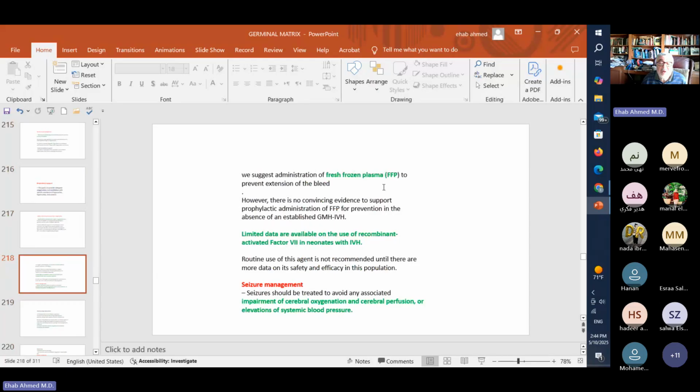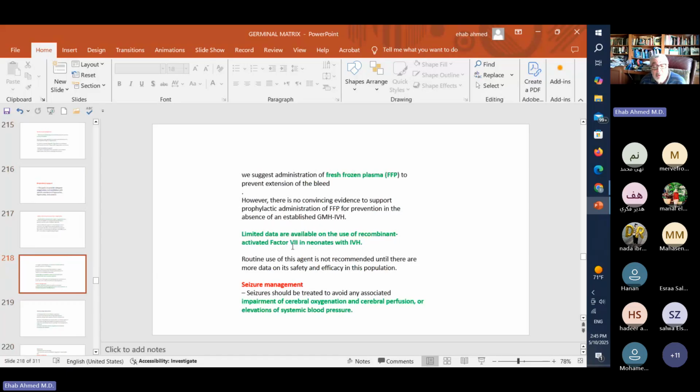Some people give fresh frozen plasma. I believe you do that practice, but some people don't like that. It should be given if there is a coagulopathy, but if there is no coagulopathy, it doesn't have any value. I don't know why you do that. It's your own practice.